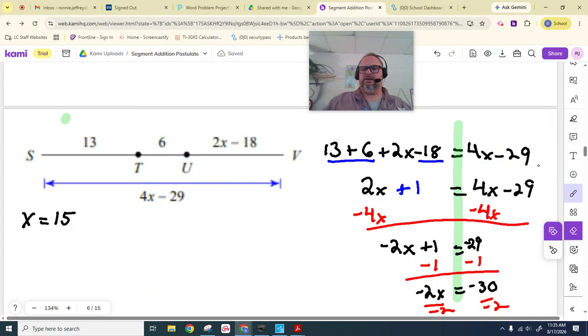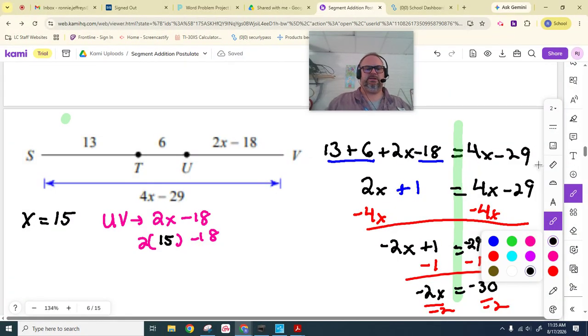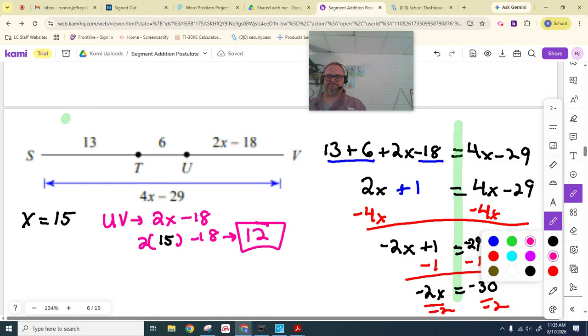All right. Now, I need to find UV. Well, this is 2x minus 18. This is 15. All right. So 2 times 15 is 30 minus 18 is 12. All right.